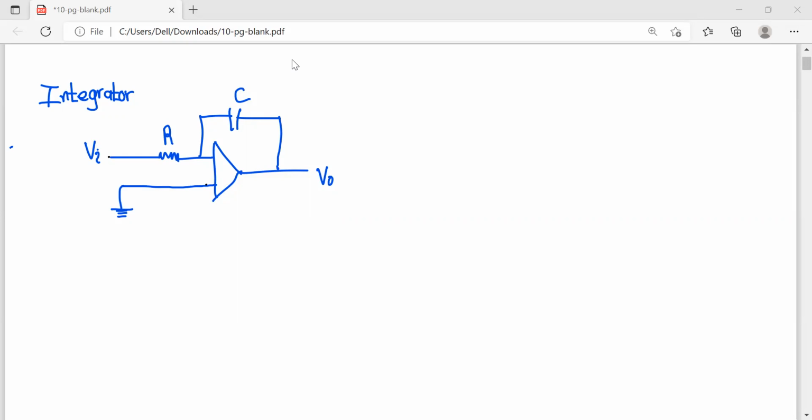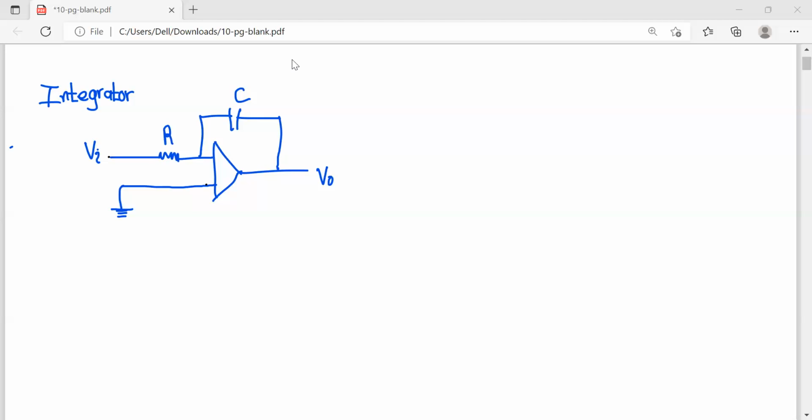Let's start from the beginning. So here also we are going to have one resistor, and with that we are going to have a capacitor. The reason why we have this capacitor with the op-amp and resistor is that the relationship between the voltage across the capacitor and the current through the capacitor is a differentiation or integration relationship.